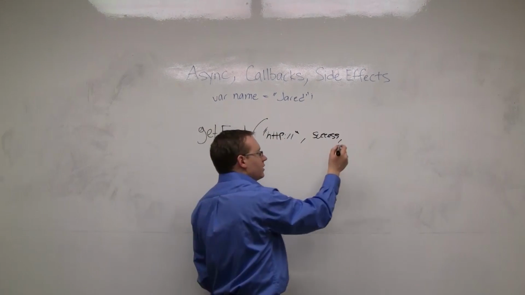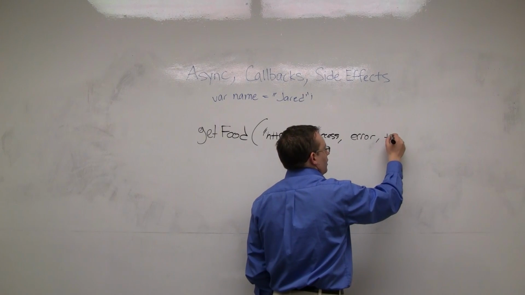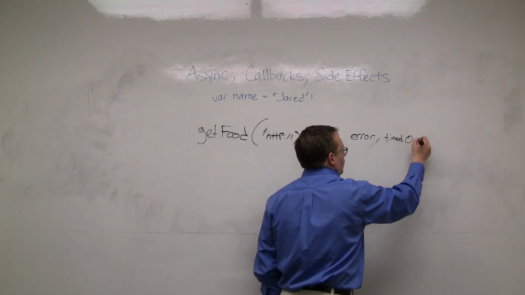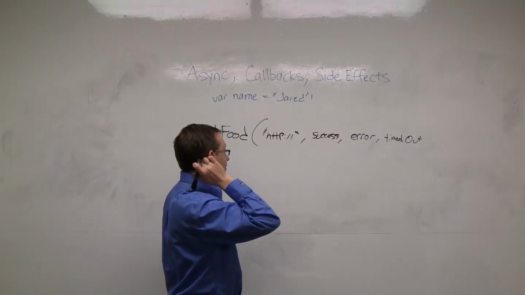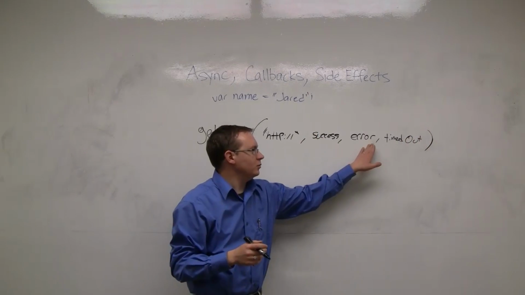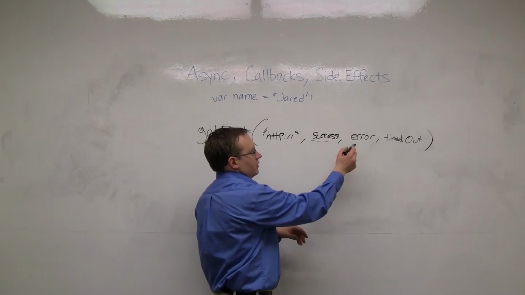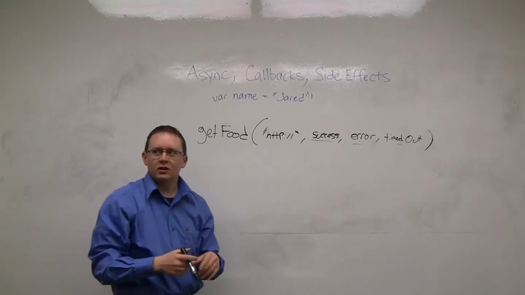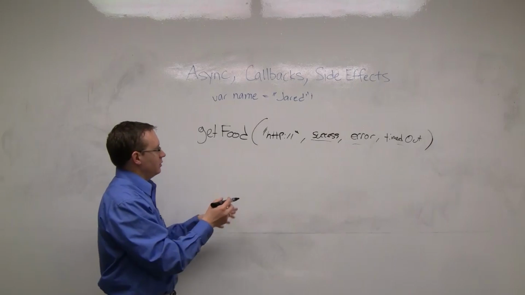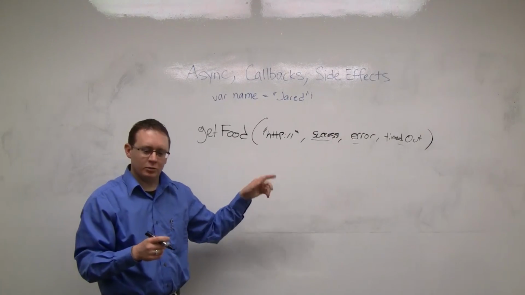A success callback, an error callback, a timed out callback. So we could maybe do it this way, and I like this even better. But if you wanted to do these inline with function literals, as you would most of the time want to do, even this is going to get out of hand, even though it's a little better.